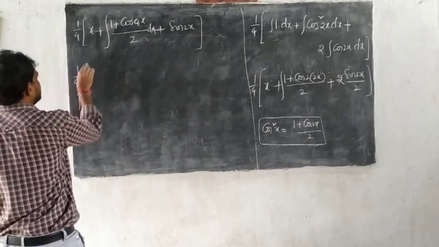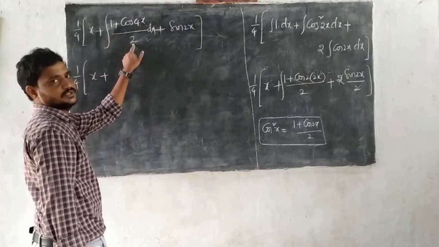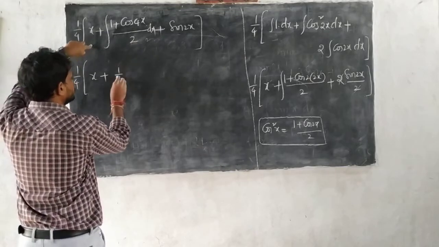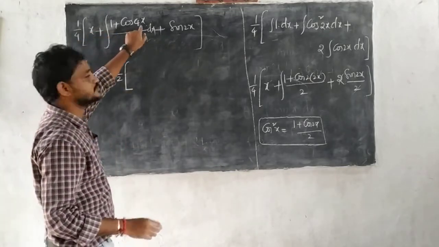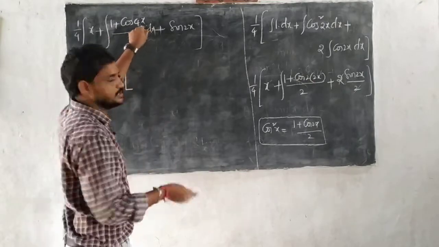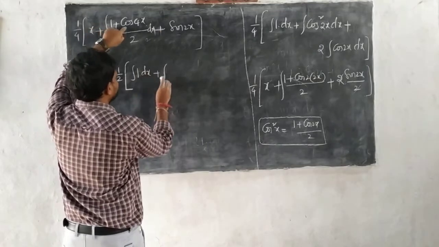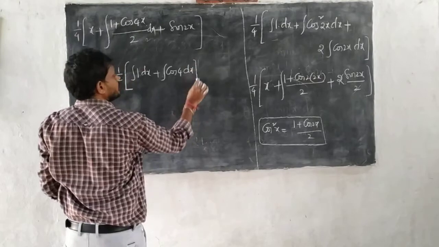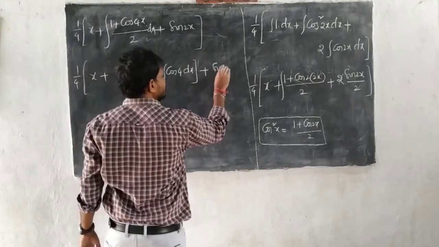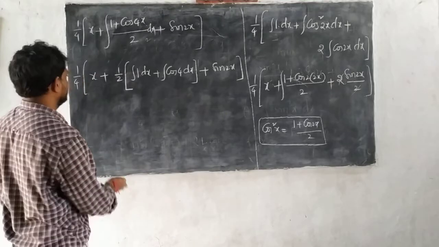Now 1 by 4 of x plus, for this term we have 2 in the denominator, so write the 2 outside. Then we have integration of 1 plus cos 4x. So make it separate first. The first term is 1, so 1 into dx, plus the second term cos 4x into dx. Then the last term is sin 2x.